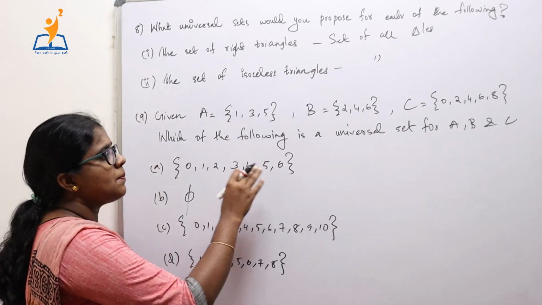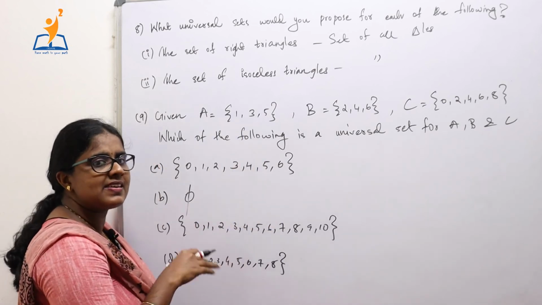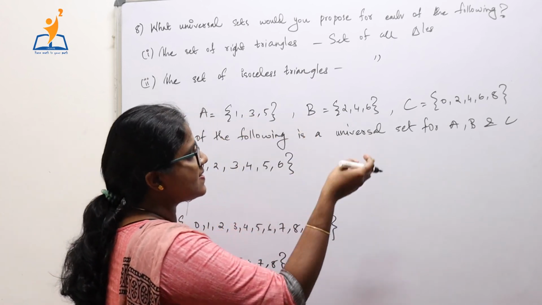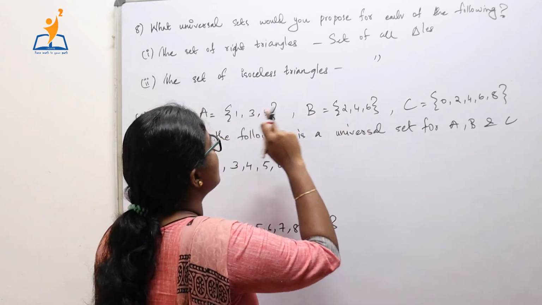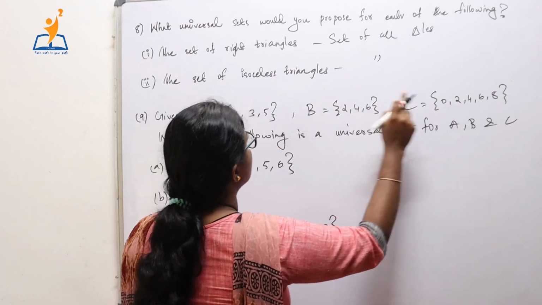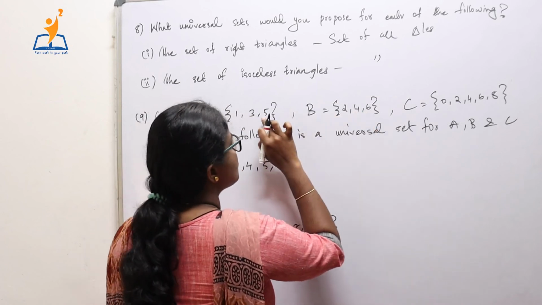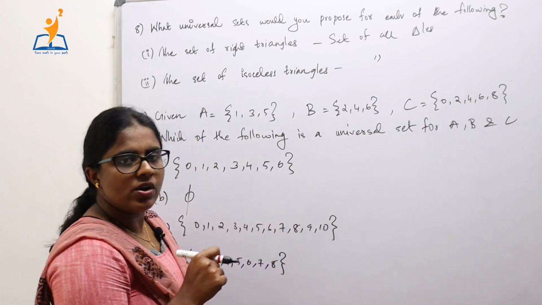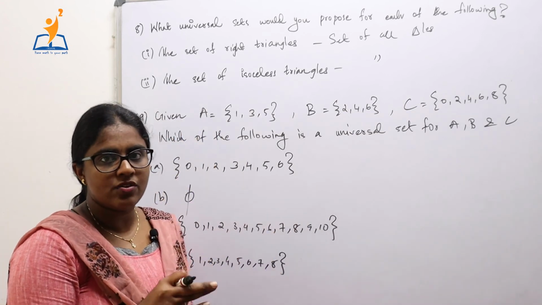Which means the particular universal set that we select should contain all the elements of A, B and C. So it should contain 1, 2, 0, 1, 2, 3, 4, 5, 6 and 8. All these elements should be there in the universal set.